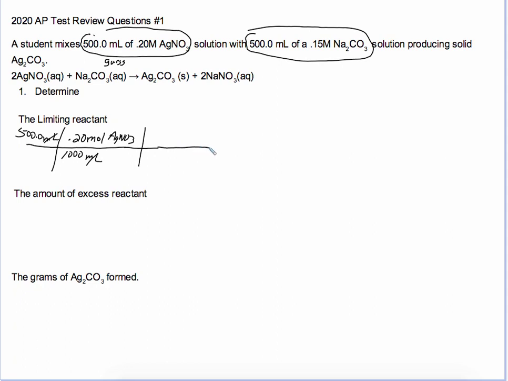If you do that, the milliliters cancel and you end up with moles. But I want to keep going here, because I'm also trying to prove that I guessed right that the silver nitrate was the limiting reagent. After you change to moles comes the mole ratio. For every 2 moles of silver nitrate that react, you're going to need 1 mole of sodium carbonate according to the equation up here.